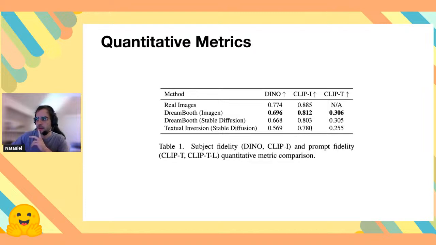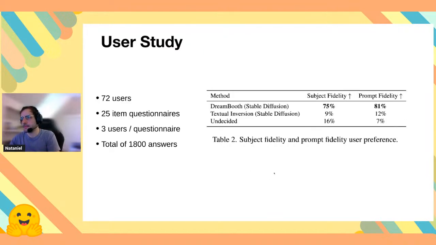We also use the CLIP image and CLIP text metrics, and we see that Dreambooth for Imagen was the best one, and then Dreambooth for Stable Diffusion came second. In the paper, we also have this new user study where we queried 72 users with a bunch of questions. So we have 1,800 answers in total, and we saw that Dreambooth is better than textual inversion qualitatively for subject and prompt fidelity.